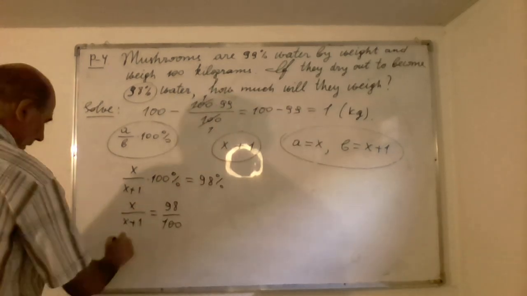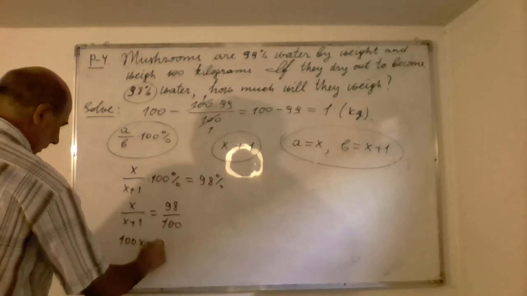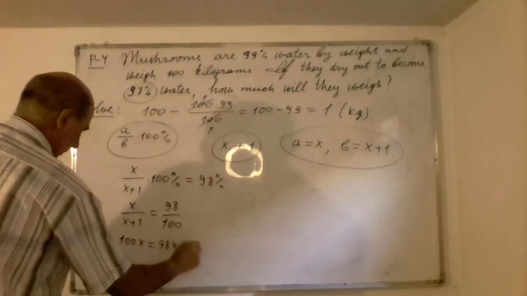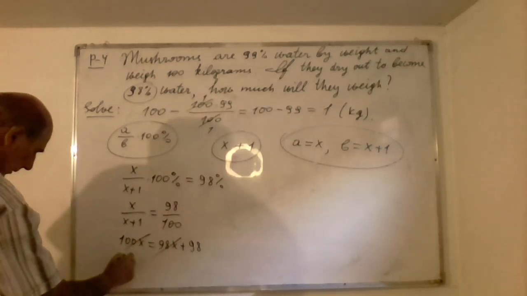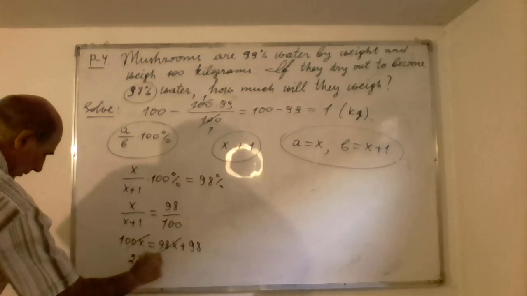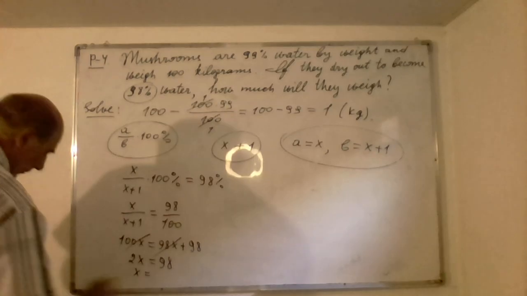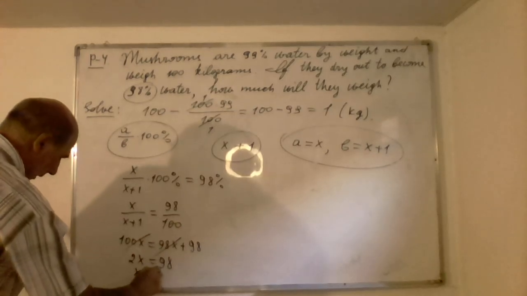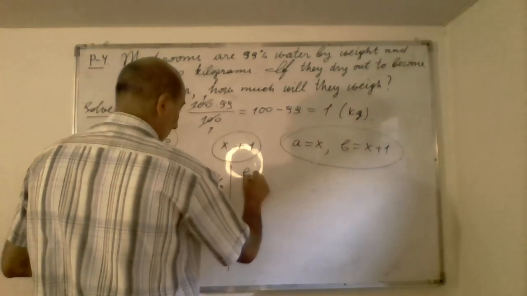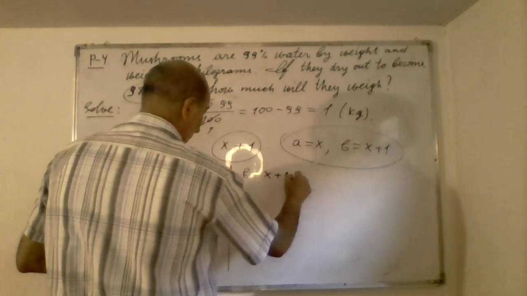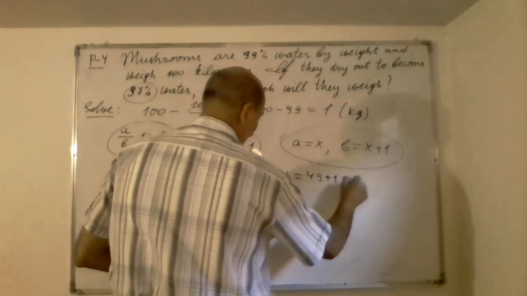So 100X equals 98X plus 98, and 2X equals 98. And from this equation X equals 49. Then B equals X plus 1 equals 49 plus 1 equals 50 kilograms.